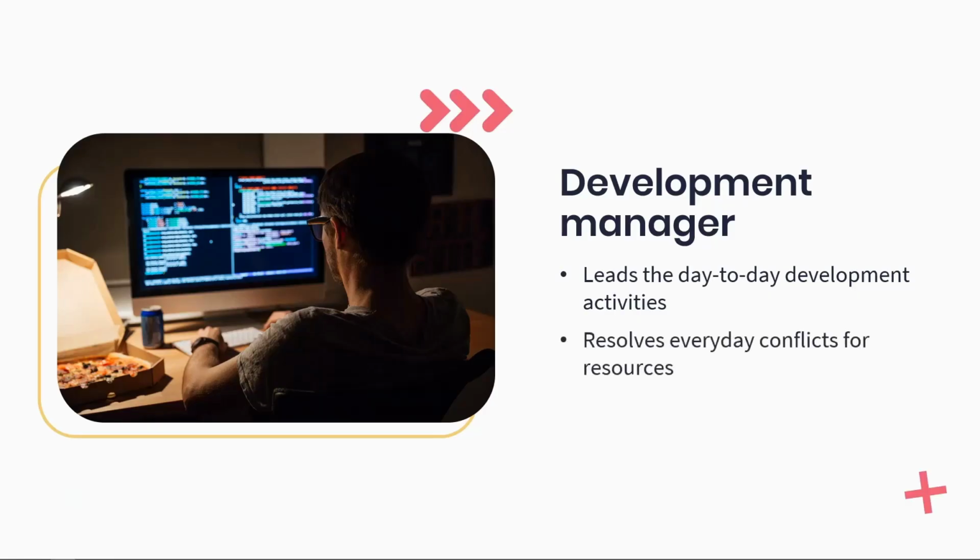The development manager, DM, is responsible for leading the day-to-day development activities. This is a facilitating role requiring good technical skills. The development manager is responsible for resolving everyday conflicts for resources when the chief programmers cannot do it on their own.